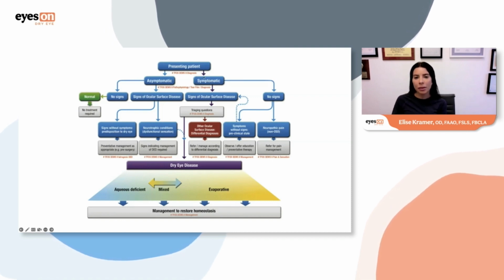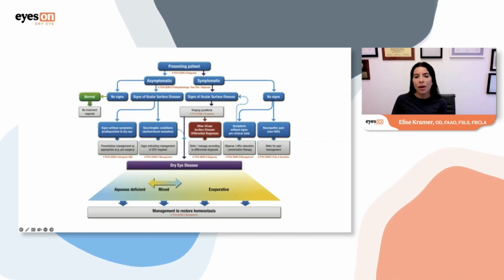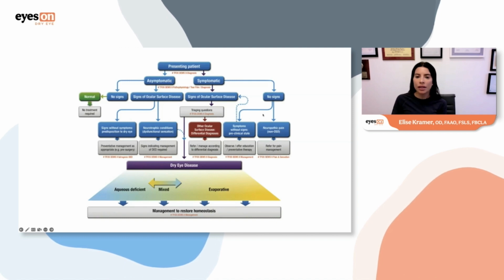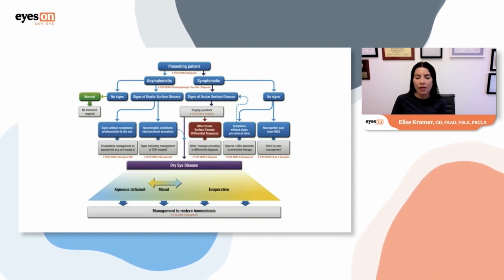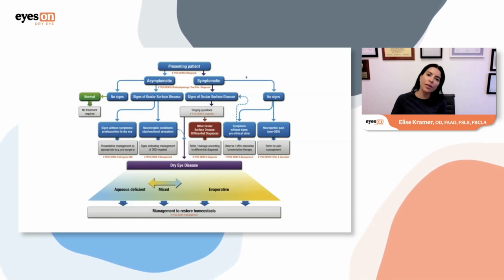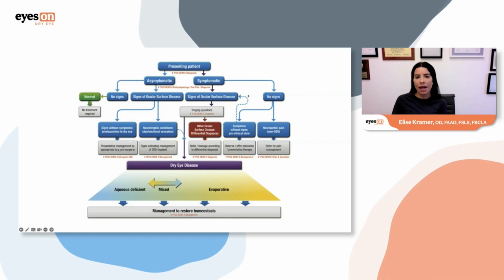So you have a presenting patient that's symptomatic and they have signs. At that point, it's important to ask questions and determine what the ocular surface disease is, because there are many, so you have your differentials, and then treat accordingly based on what we find.